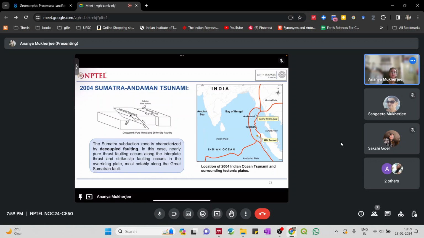These two are good examples to understand how the strain or stress released due to such plate movements causes huge disasters. So I will stop here now, since it's already 8.